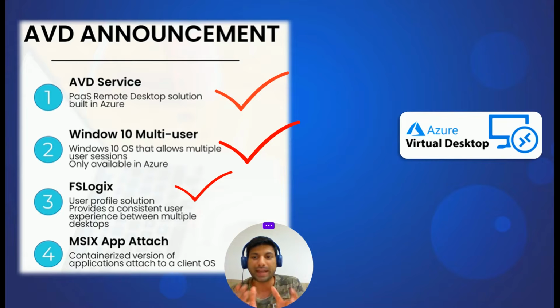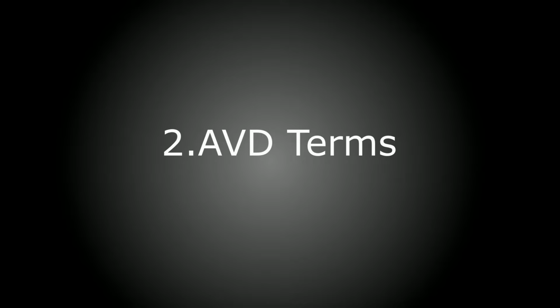This decreases the time to deploy new servers and makes the application portable. That is the concept of MSIX app attachment, and we will see it in detail in this tutorial series. We will create it and practically do it in the lab environment. All right, let's move on.